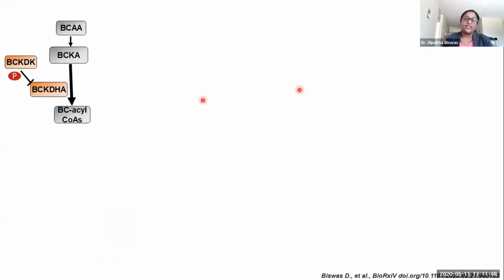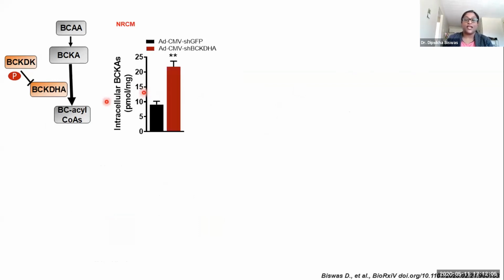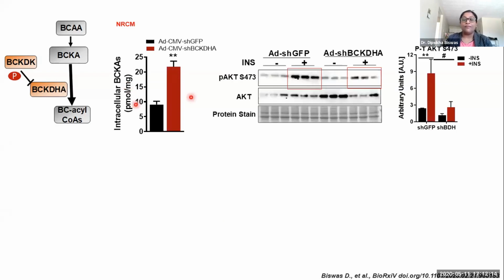We next investigated whether altering endogenous BCKA levels by genetic modulation of the BCKDH complex could influence insulin signaling. For this, we targeted the BCKDH-A subunit of the BCKDH supercomplex, and we found that silencing BCKDH-A in the neonatal rat cardiomyocytes significantly increased the intracellular BCKA accumulation, and that resulted in impaired insulin-induced AKT phosphorylation, as observed previously with the exogenous BCKA treatment.